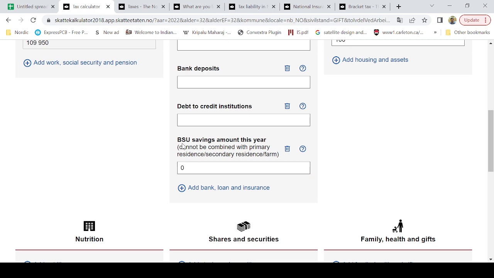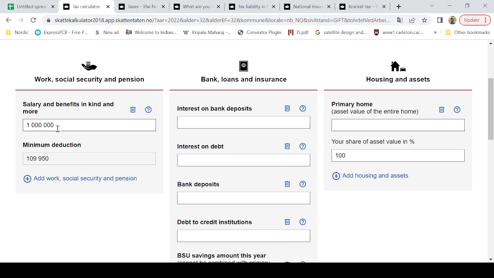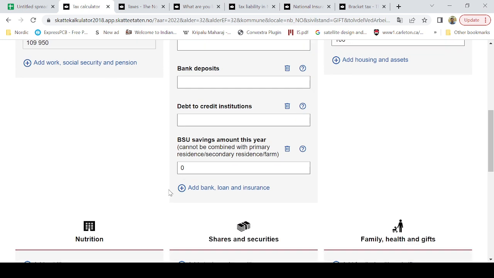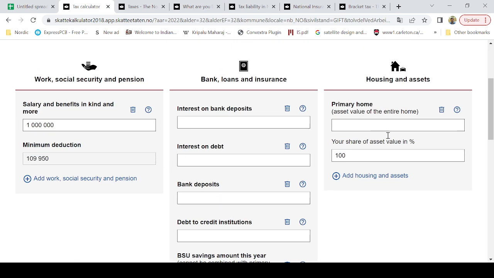Basically for this BSU, the maximum saving for 1 year is currently 27,500, and as of 2022 you will get 5,500 deduction from whatever the tax will come on that. So let's keep it zero here, but in XLS I will explain how it will get calculated.